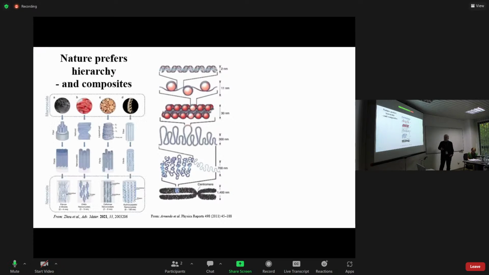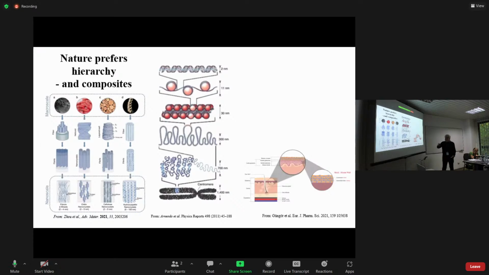Nature also prefers composites together with hierarchy because this way nature can create very strong structures easily, and then these structures can be expanded and they can grow and so on.